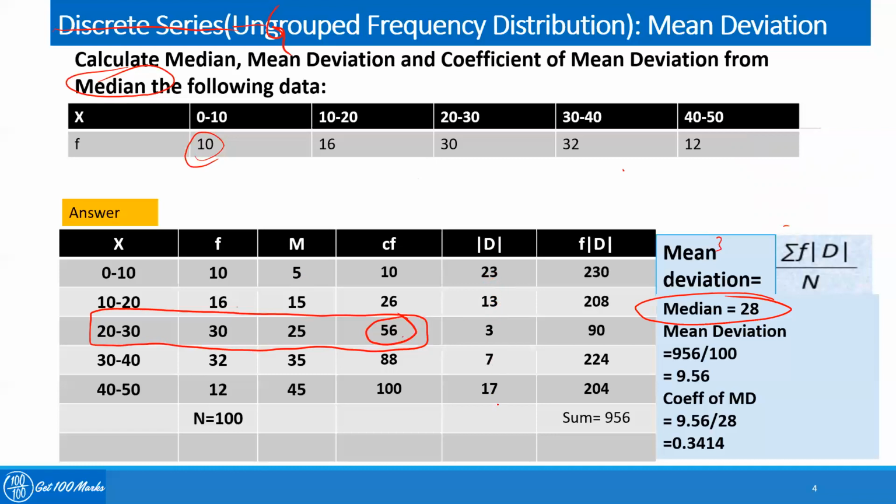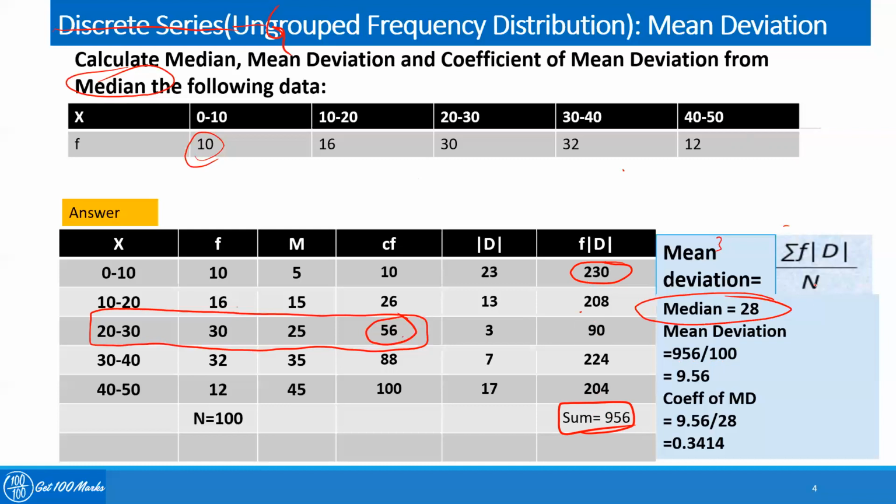In a similar way, I have calculated the mod D for all the classes. I'll multiply each one of them with F. So 10 into 23 is 230. 16 into 13 is 208. Similarly, I calculated all the FD, added them, and I have got the value as 956.